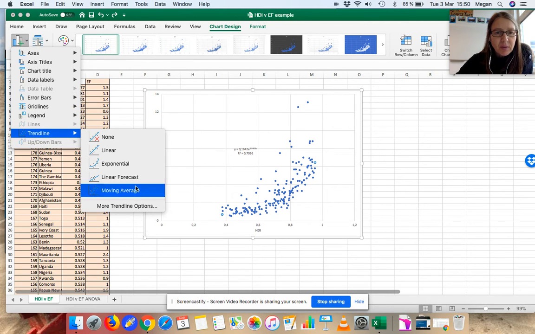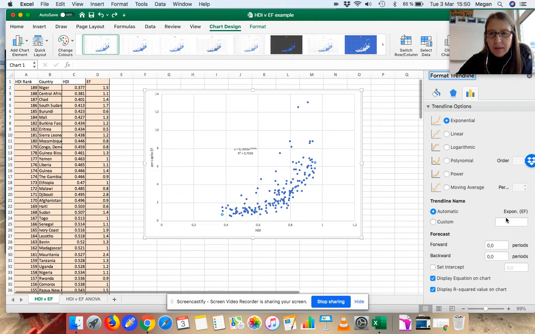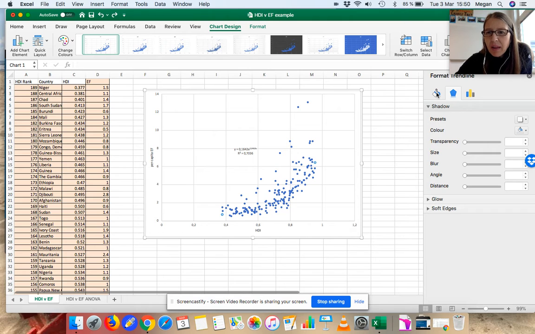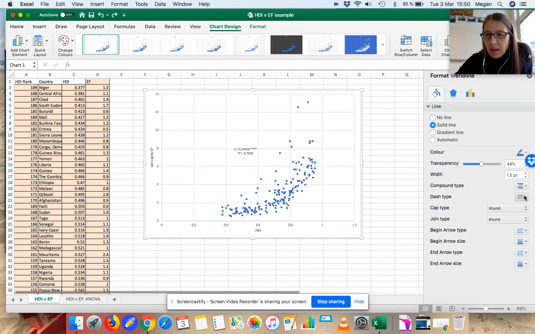So I'm going to go over to my trend line options, open up that side chart here. Here's my exponential. I can't see it very well, but I think that I can format that with this dash type. It's kind of little and light, so I'm going to give it a solid line so you can kind of see it in there.